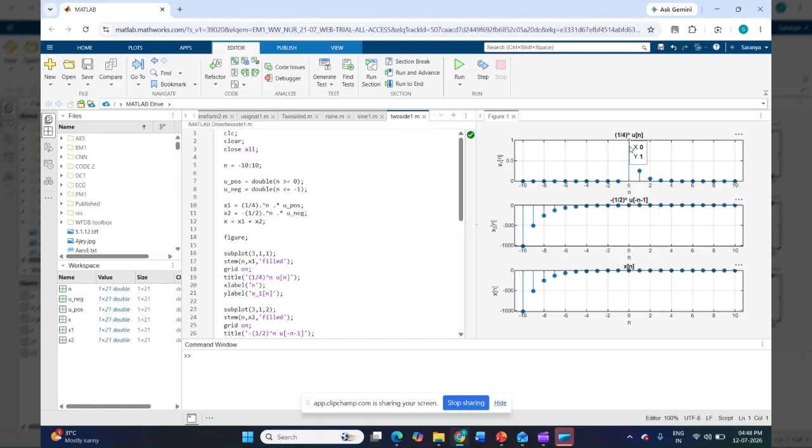What will be the value at n equal to 1? It will be 0.25. At n equal to 2, it is 0.25 squared. Similarly 0.25 cubed, 0.25 to the power 4. So the sequence is represented as 1 by 4 power n u of n.